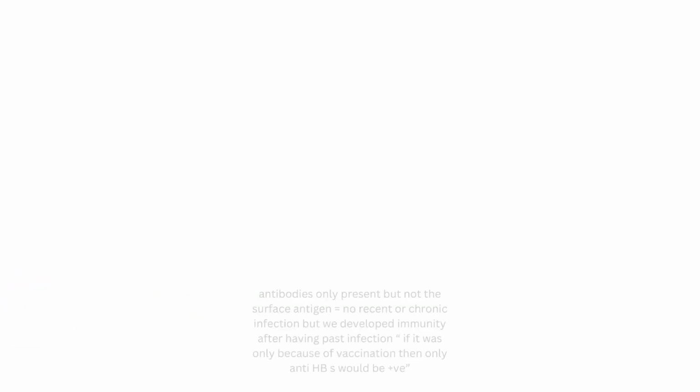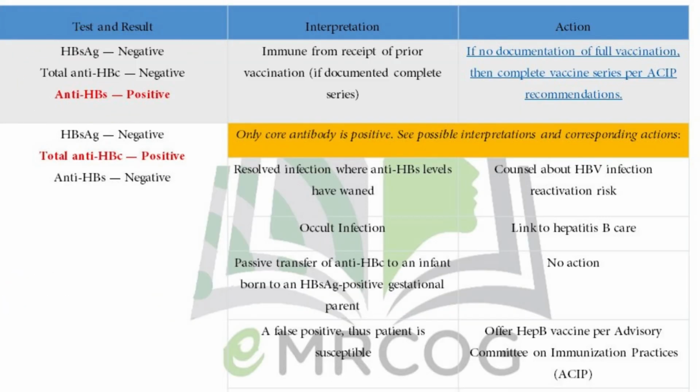Now the third case is going to be the hepatitis surface antigen is negative. That means that I'm not infected. The total hepatitis core antibody is negative. Okay, that means I haven't developed the natural immunity. However, the anti-hepatitis surface antibody is positive.